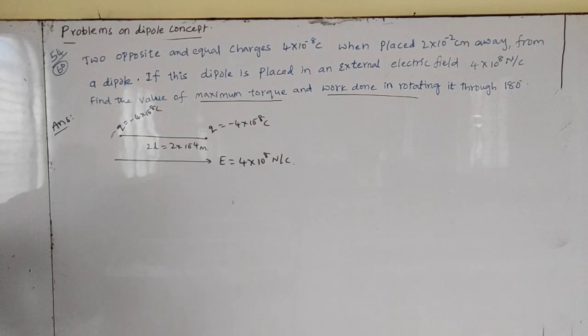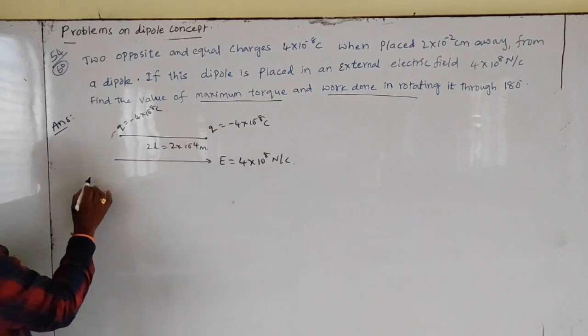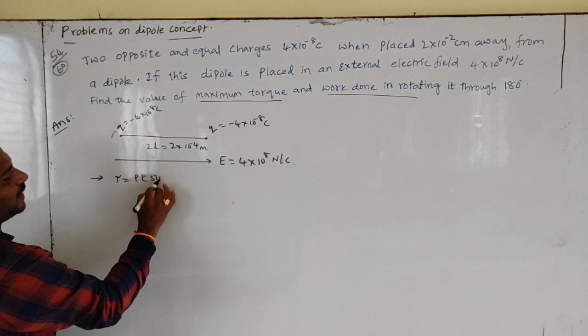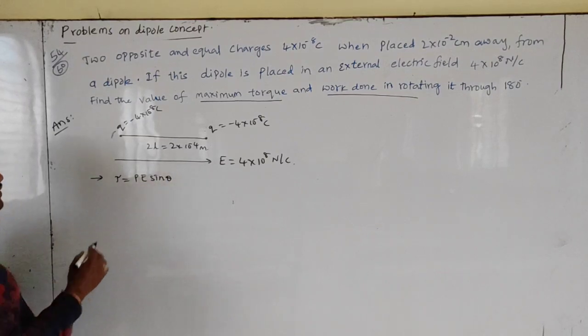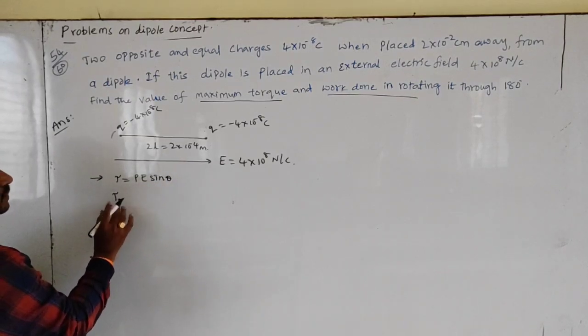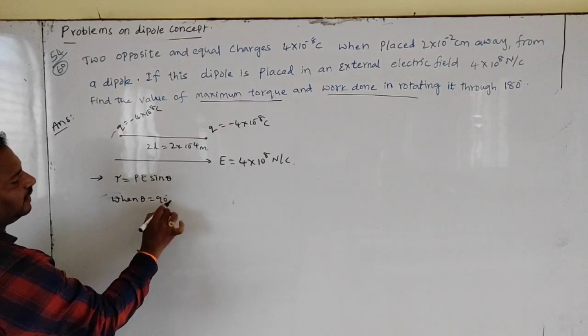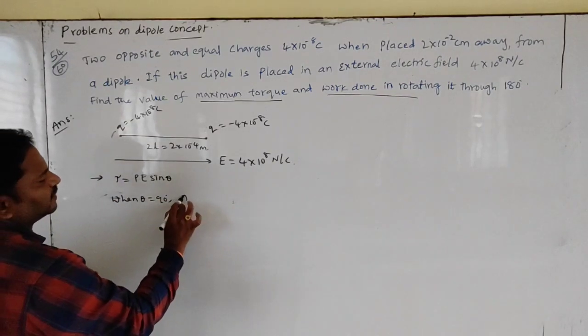So now what is the work done in rotating through 180 degrees? Torque tau equals the formula P sin theta. When will the torque be maximum? When theta equals 90 degrees, torque is maximum.